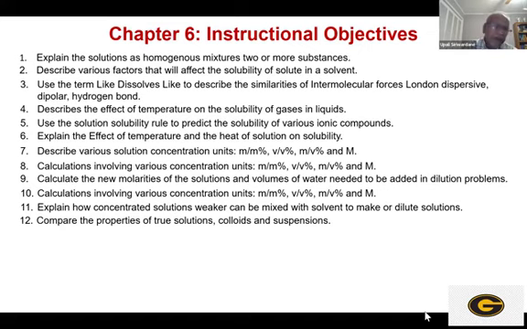Today I'm going to start with going over colloids and suspensions. There are 3 types of mixtures. One is the homogeneous mixture, which is a true solution. Colloid is similar to solution, a homogeneous mixture.